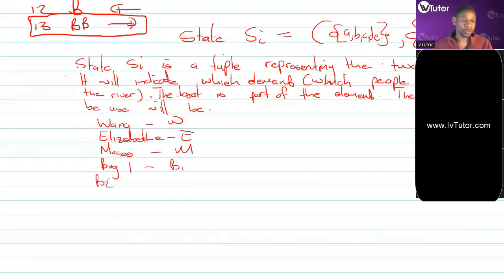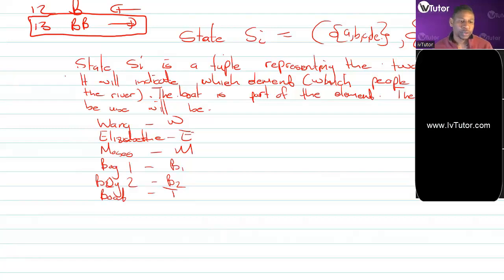Boy 2, B2. And then the boat, we'll call it what, B3? We can call it anything really, it's our key. I call it T for transport. Let's call it T for argument's sake.